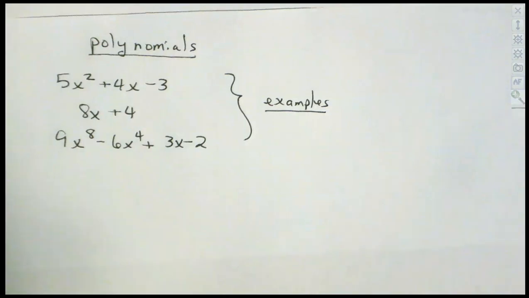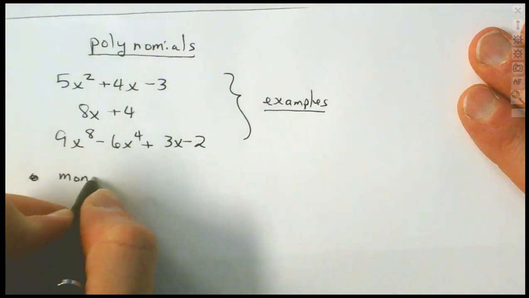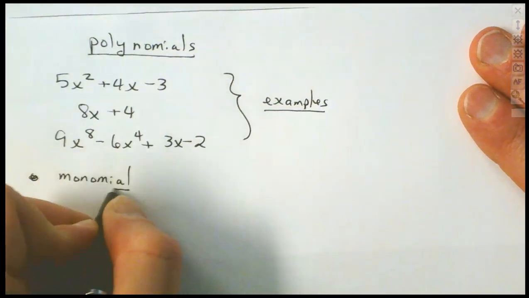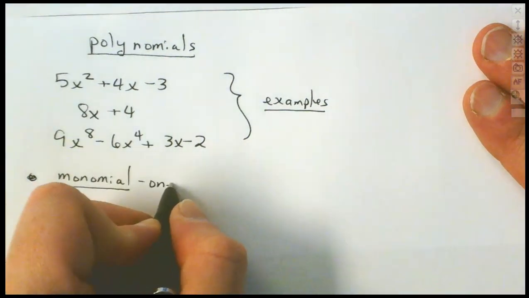Now we have three basic types of polynomials to look at. We have a monomial. These are all, again, polynomials. Monomial, that means you have one term.